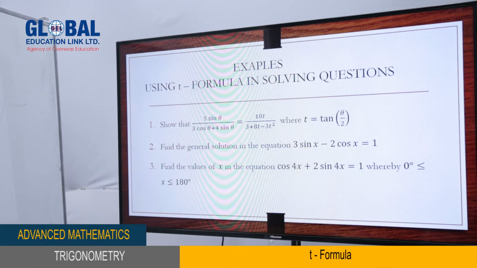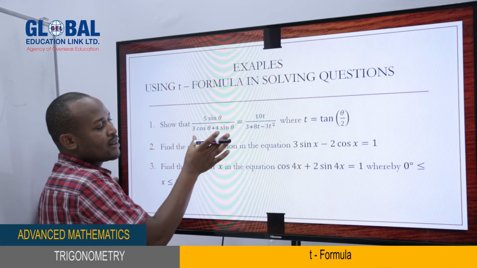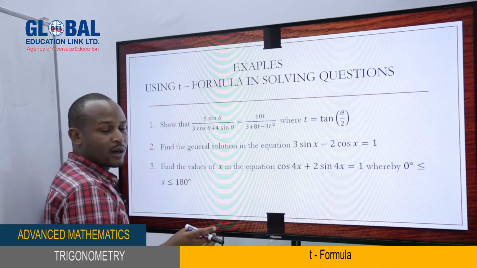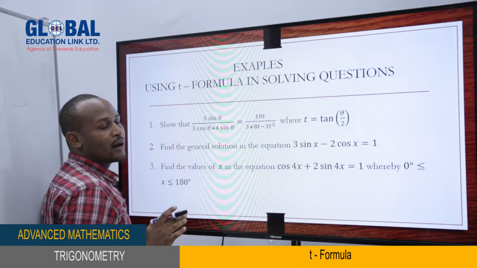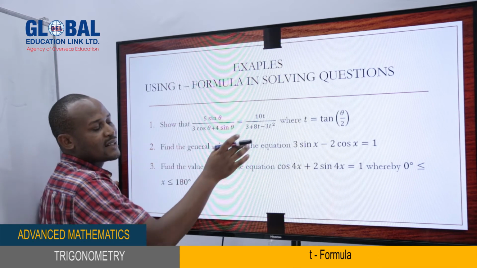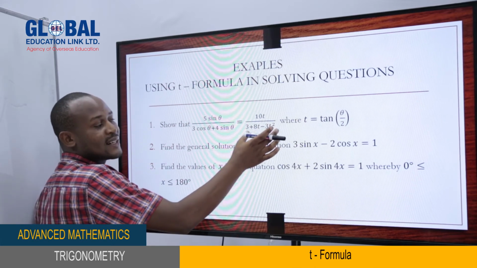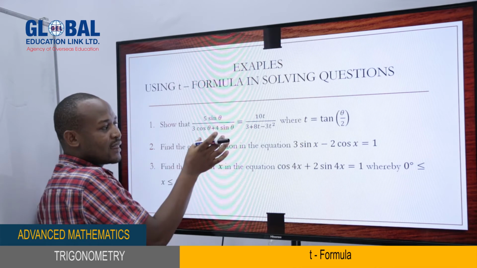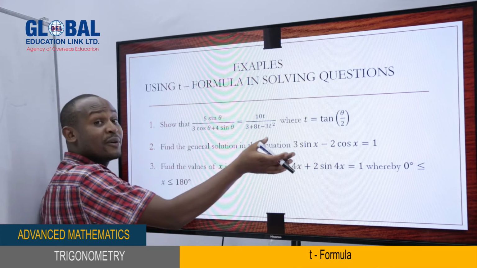So now it's a question that asks us to show. That means we are supposed to select a side that we are going to start with. Someone can start from the left hand side and use the T formulas to manipulate the expression so as to obtain the right hand side. But someone also can start from the right hand side and manipulate to get the other expression.